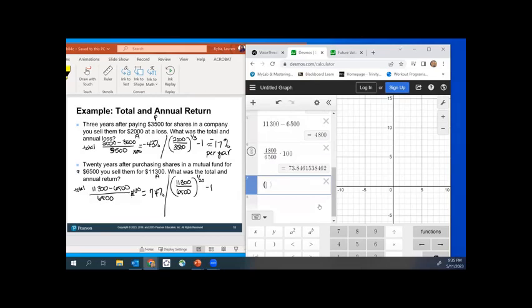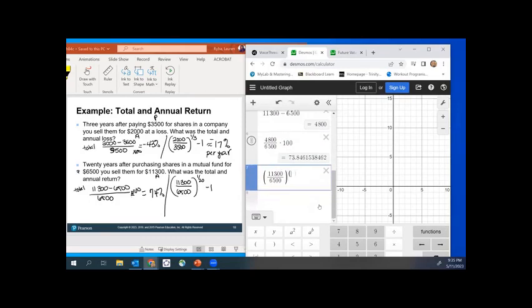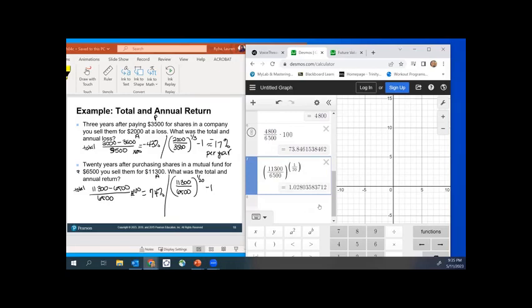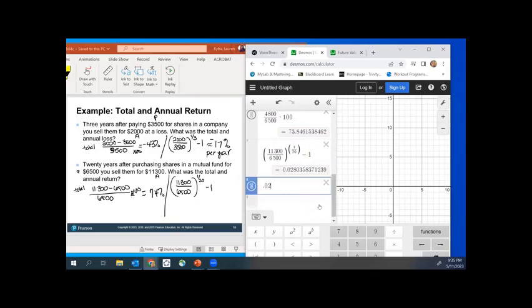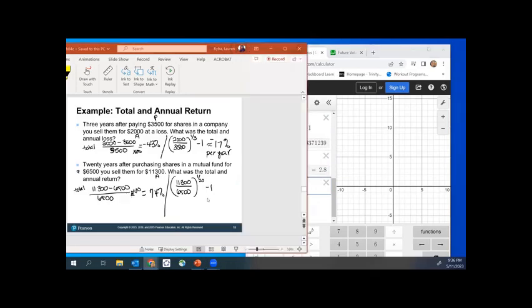So in parentheses, 11,300 over 6,500, close, raised to the open parentheses 1 over 20, arrow out, minus 1. So if I take that value, 0.028 times 100, gives me 2.8% or just about 3% increase per year.